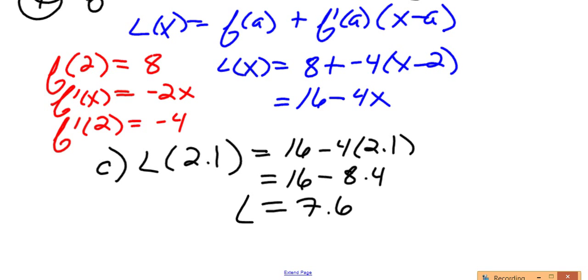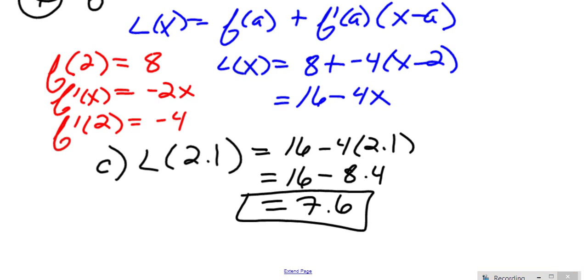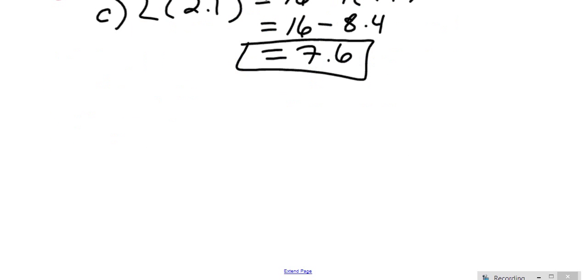So we see that the approximation is 7.6. We could calculate the actual value by plugging 2.1 into the original function using a calculator. But for part D, they want us to find the percentage of error. So times 100 because of the percentage.